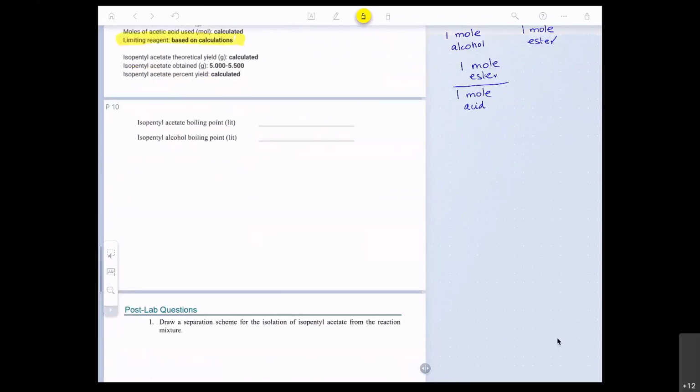Now, you're asked to identify the boiling points of the ester and the alcohol. This is your ester, and this is, of course, the alcohol. The ester is 142 degrees Celsius. The alcohol is 131 degrees Celsius.